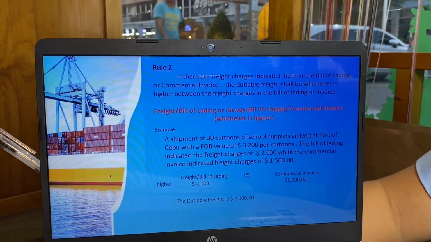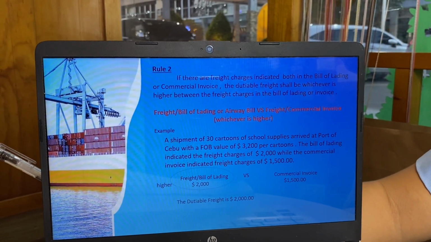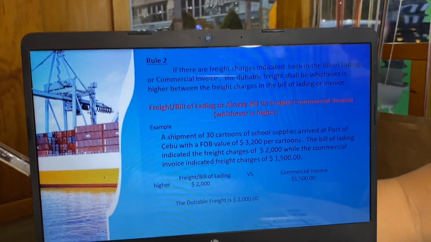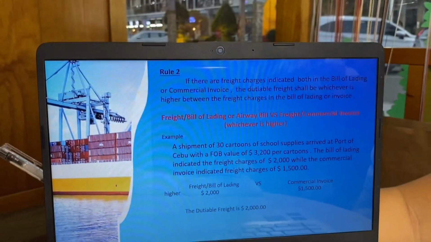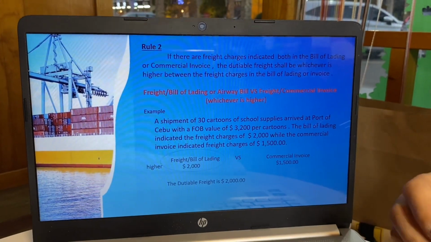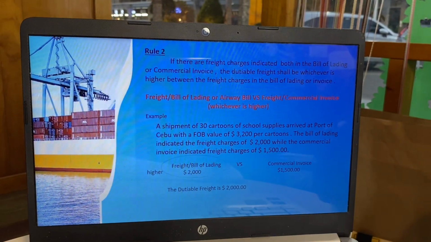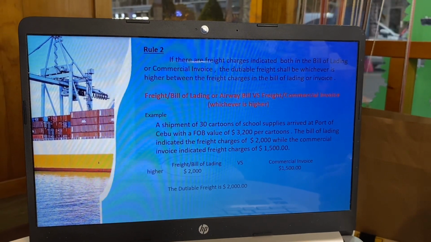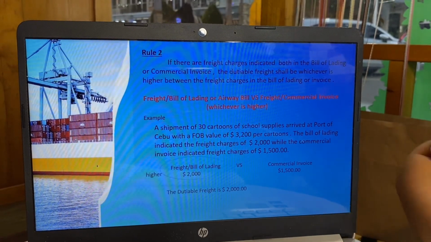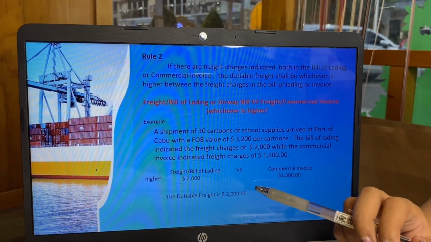So under rule number 2, we need to compare the amount under the bill of lading freight charge versus the commercial invoice freight charge. Based on the problem, the freight charge under the bill of lading is higher. So automatically, the dutiable freight under rule number 2 in this example would be 2,000.